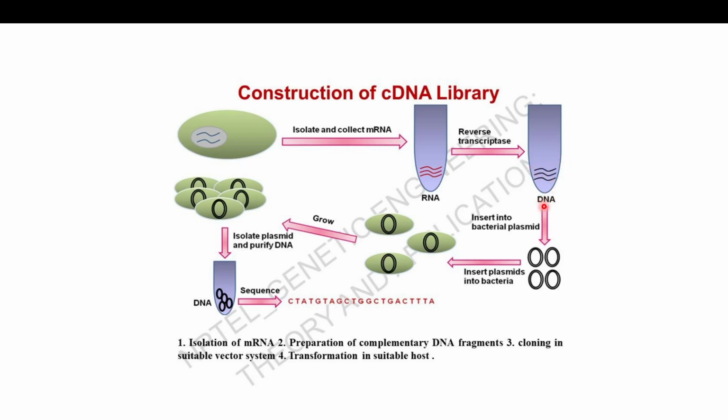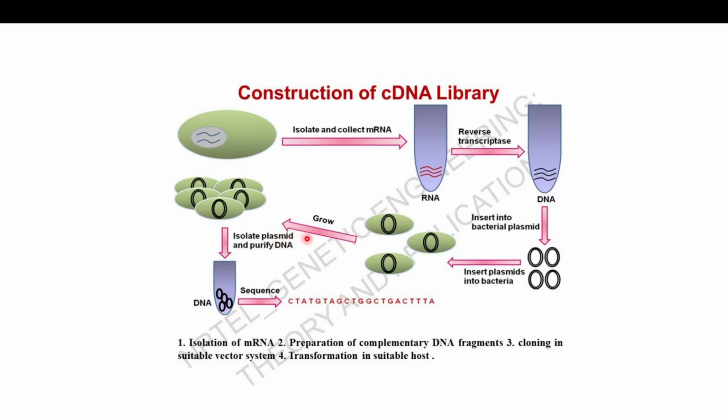Now this particular DNA is inserted into the plasmids to form the recombinant plasmid, and this recombinant DNA is inserted into host cells. These cells are selected to allow the growth of only those cells which have taken up the recombinant DNA.